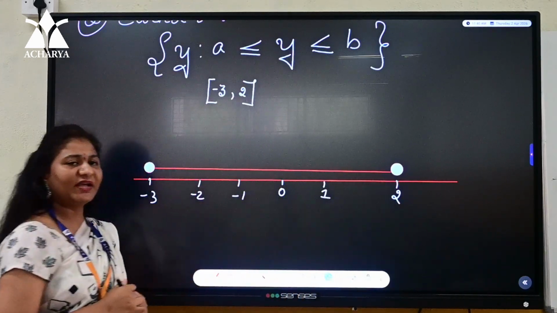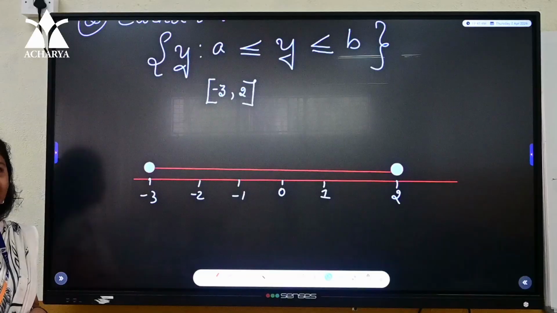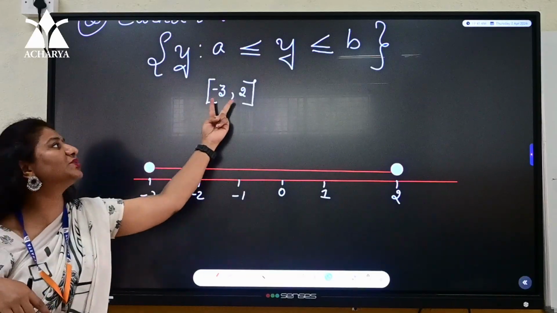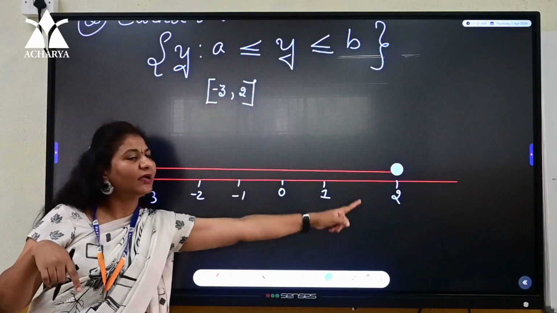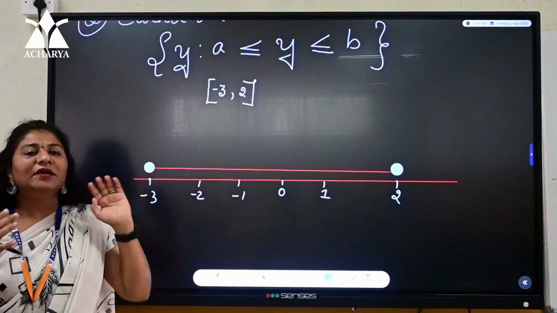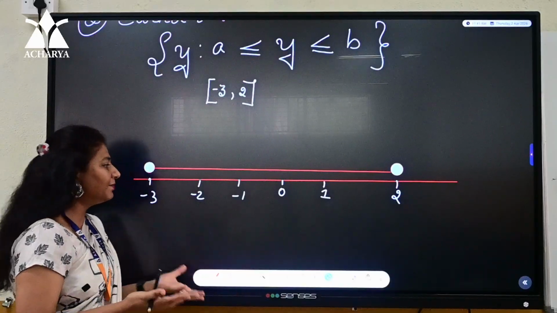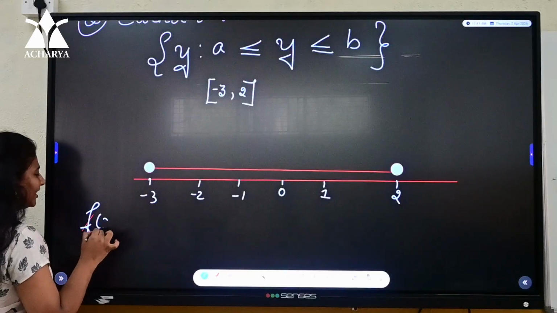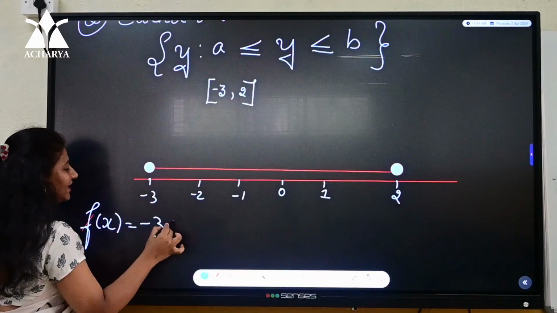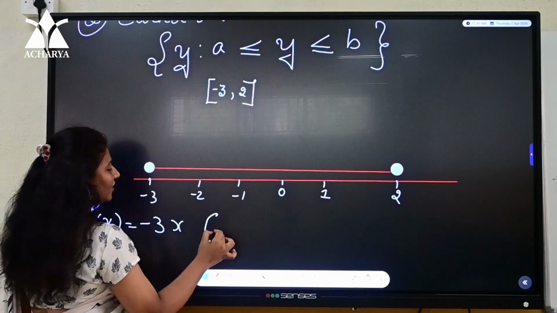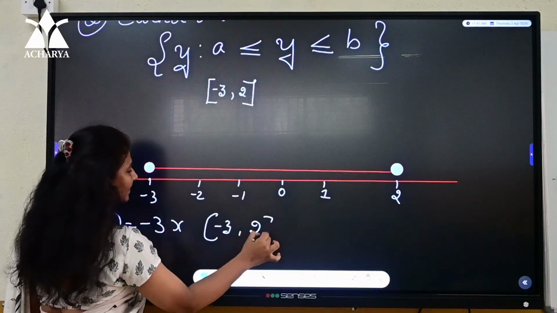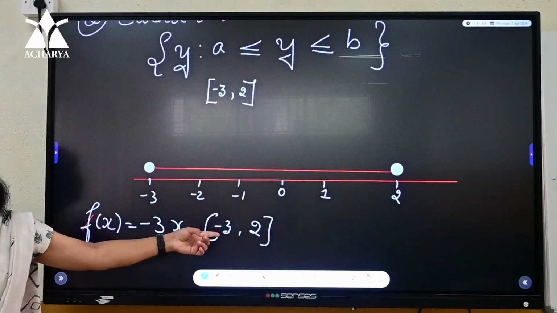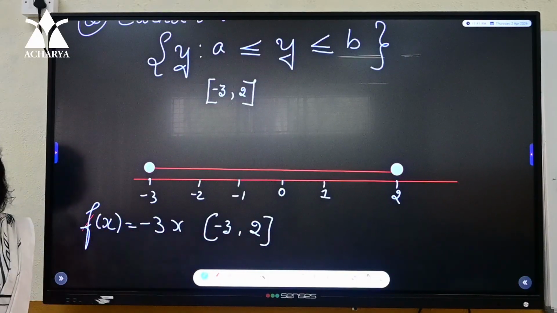So while I am defining here for any kind of function, it includes these two endpoints along with the given elements. So what does it say? For example, if I take f of x is equal to minus 3x from the interval of minus 3 to plus 2, first I will take the first endpoint, which is minus 3.